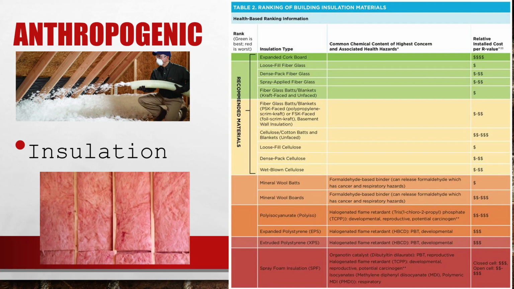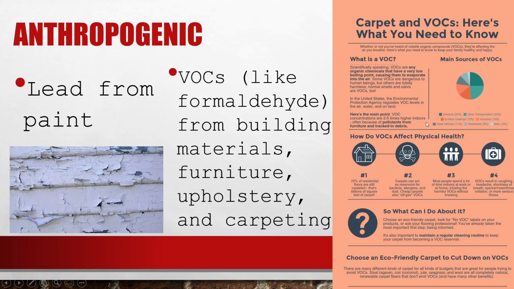Some anthropogenic risks come from insulation. This graph shows you all of the different types of insulation and their risk level, also compared to the money that it costs. Lead can also be a pollutant from paint, as well as volatile organic compounds, VOCs, like formaldehyde from building materials, furniture, upholstery, and carpeting.